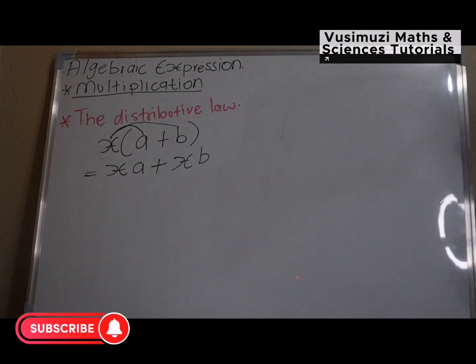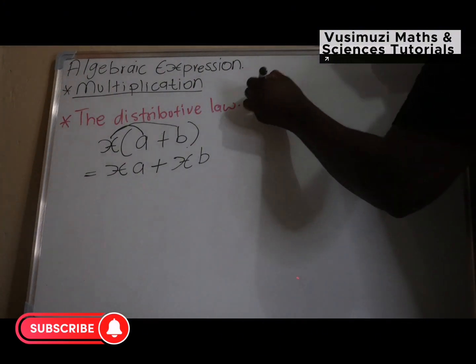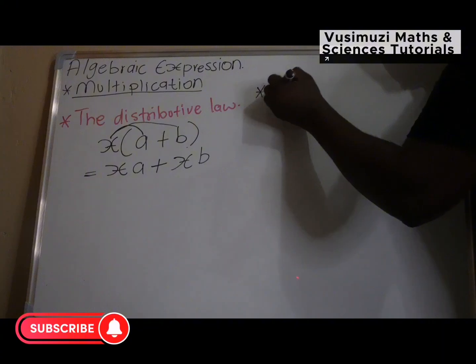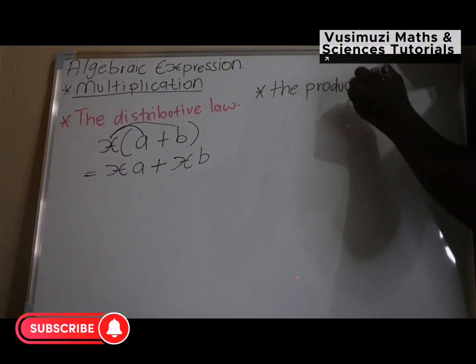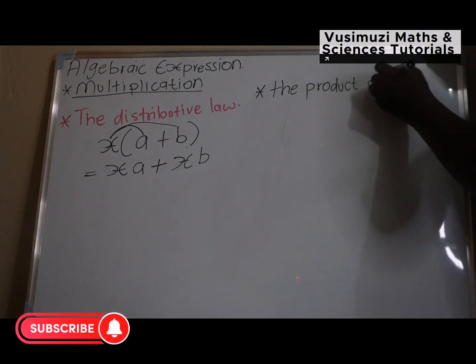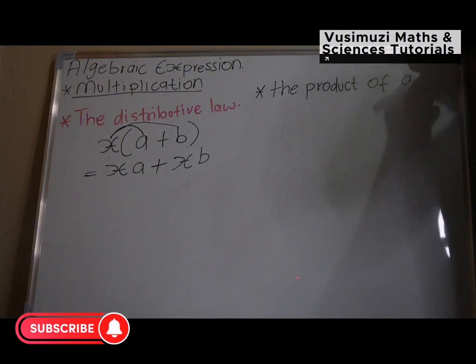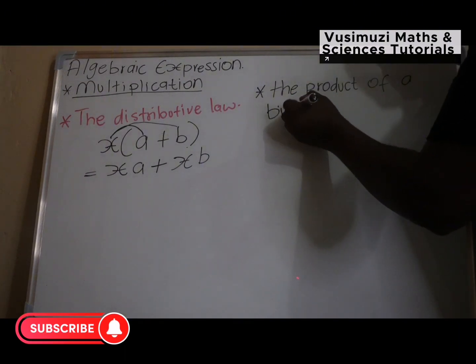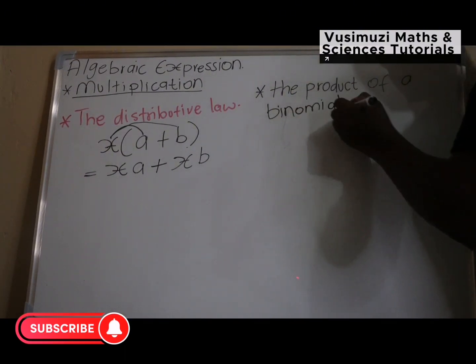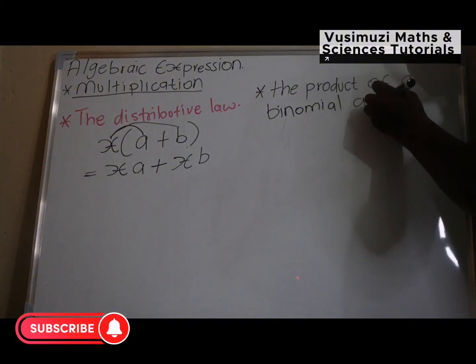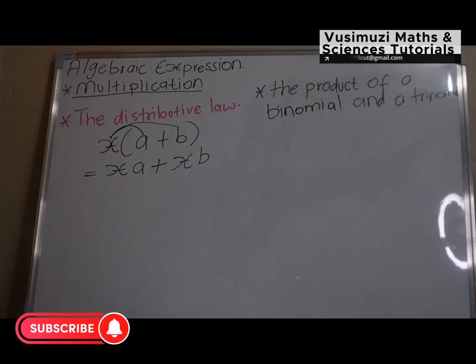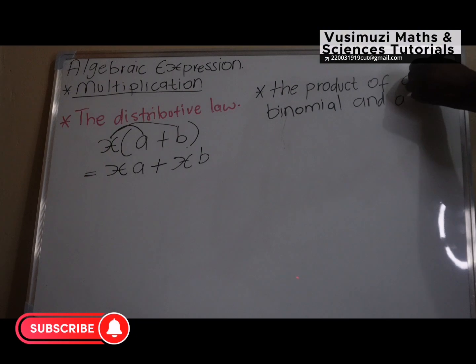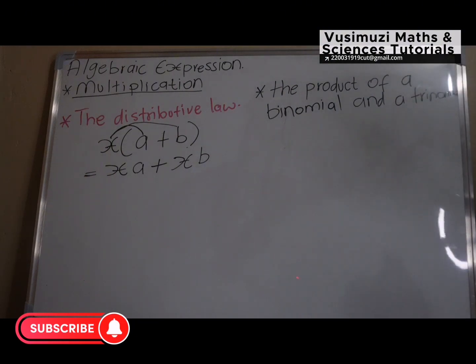The last principle is of the product of a binomial and a trinomial. A binomial has two terms.